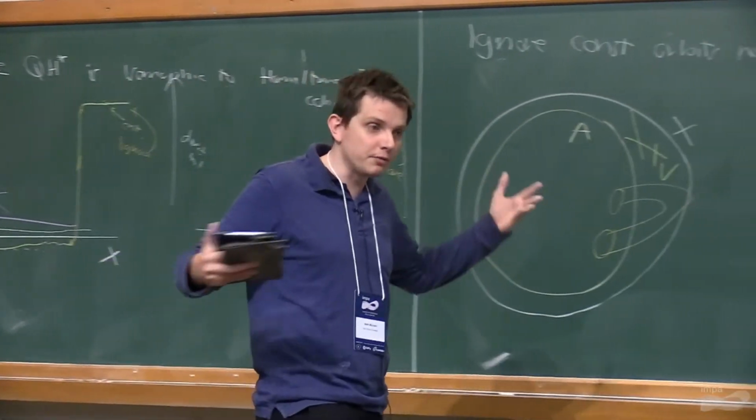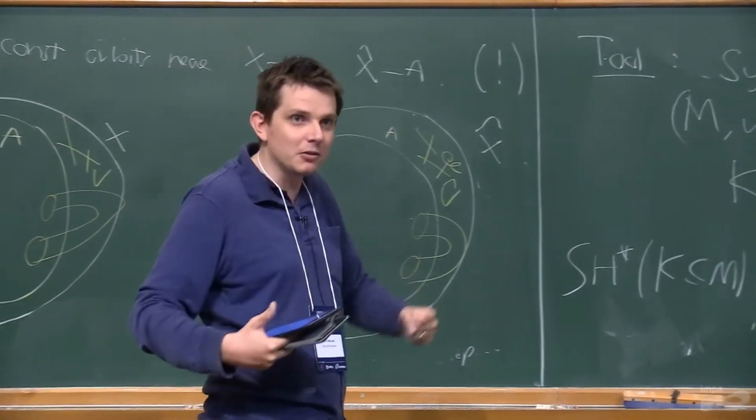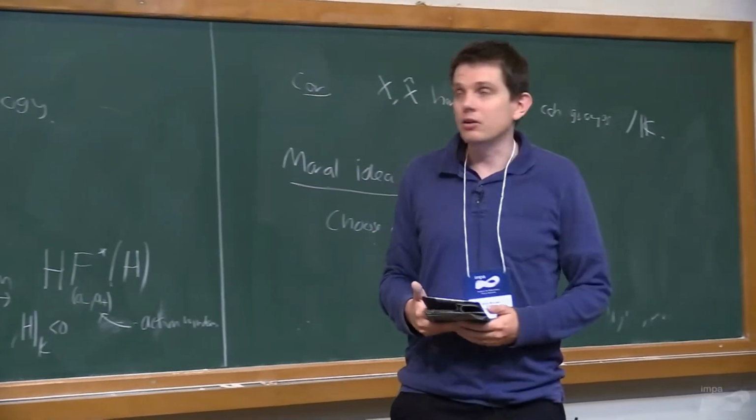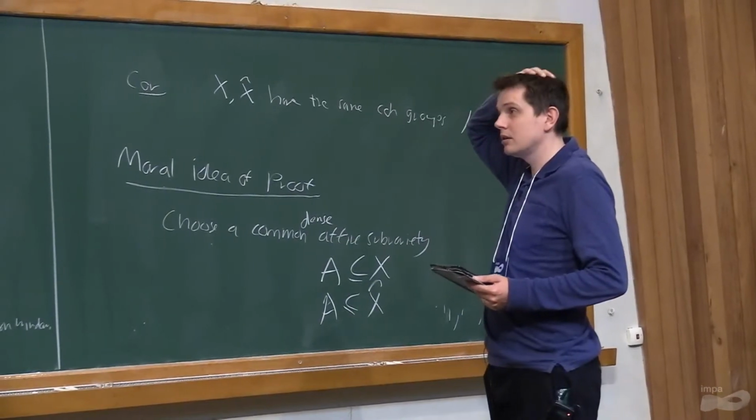So somehow I can ignore these orbits because the continuation maps will send these outer orbits to these inner orbits. Okay? Great.